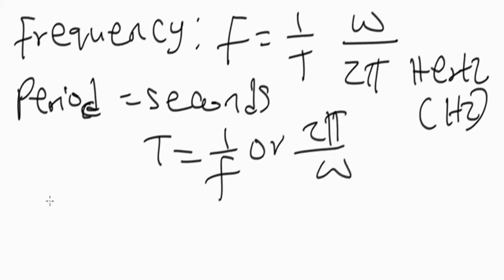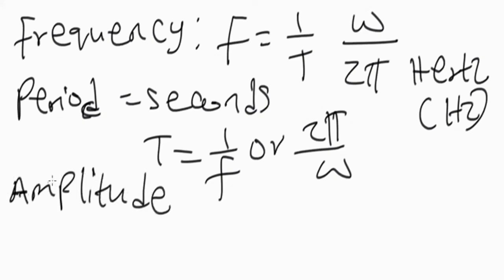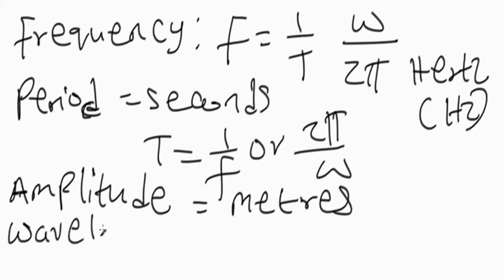Alright, now let's look at the next parameter. We have the amplitude. Okay, so amplitude is the maximum displacement of a particle undergoing a wave motion and is measured in meters. Okay, now we also have wavelength.